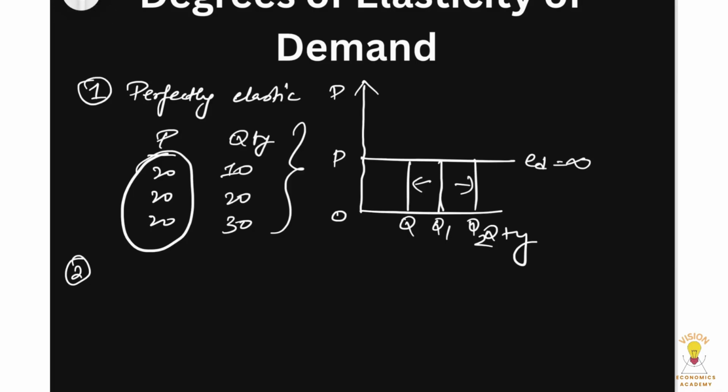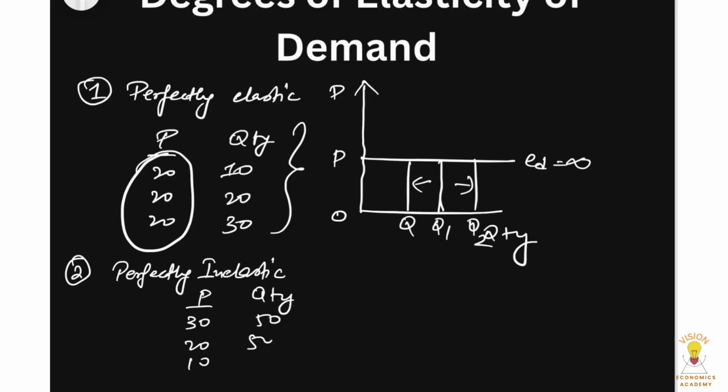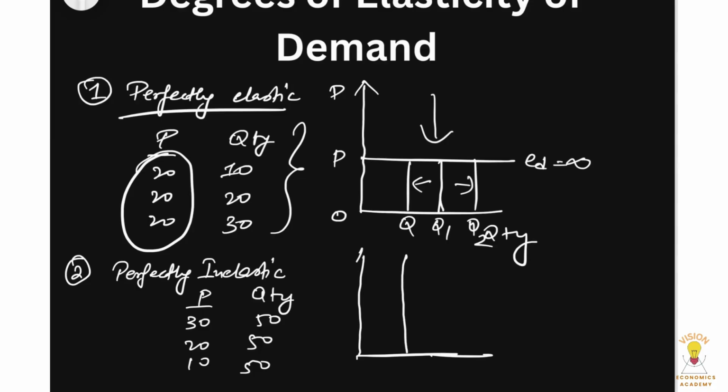Then the second one is perfectly inelastic, wherein no matter how much the price is changing, the quantity demanded will remain the same. Okay, so the perfectly elastic is represented by a horizontal line, the perfectly inelastic is represented by a vertical line.